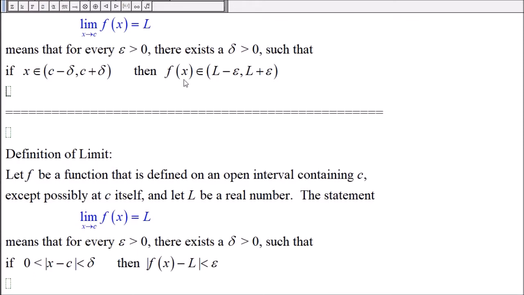Similarly, when we say that f of x is inside the interval L minus epsilon and L plus epsilon, it's equivalent to say that the absolute value of f of x minus L is less than epsilon. In clip part 1, we have shown why these are equivalent already.